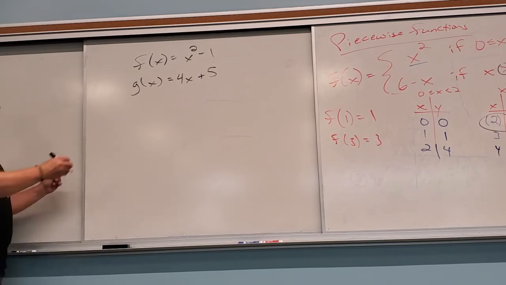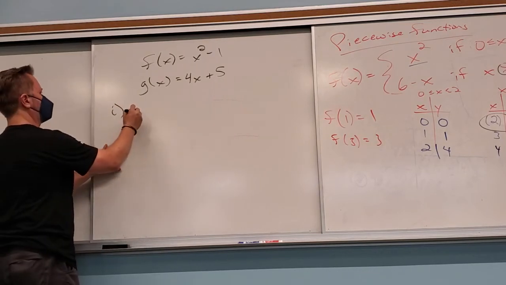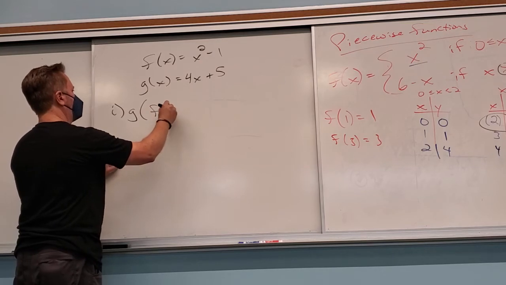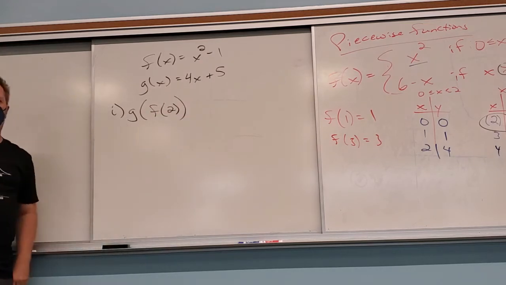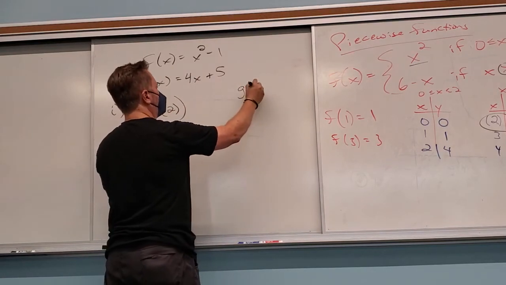What do you think this wants from us? g of f of 2. You plug both of them in? Don't you plug in the 2 for f of x? What do you always do in a problem when there's parentheses? Don't you start inside the parentheses? So this would have been easier if I would have said, what's g of 2?